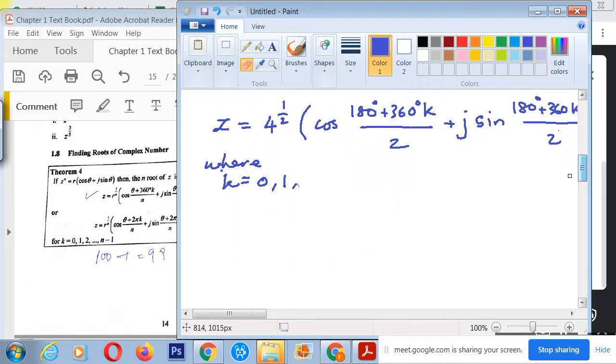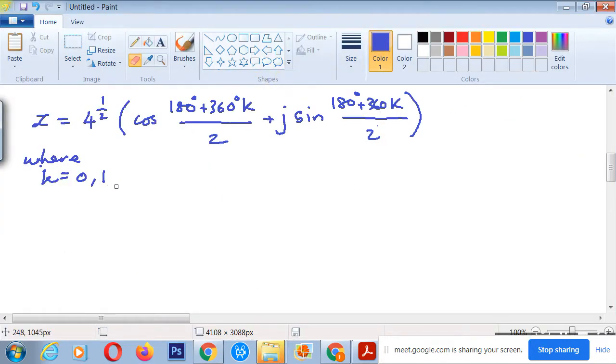So what should we have? Next, we just put the 0 and 1 in this equation. Okay, and then we have z equals to the square root of 4, and then cos. In this case I calculate for K equals to 0.